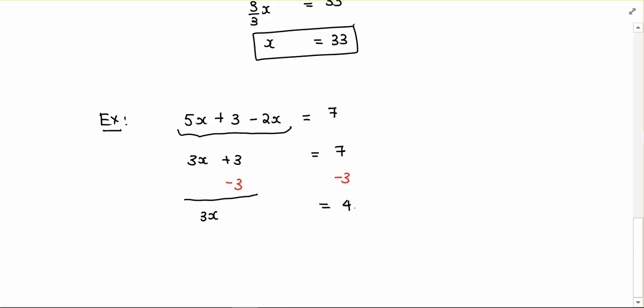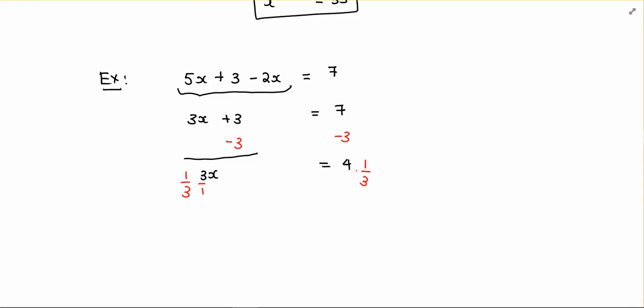And now I'm going to use the multiplicative property of equations. So I'm going to multiply the left side by 1/3, the inverse of 3 over 1. And then if I did that to the left, I've got to do the same thing to the right. So let's multiply it.